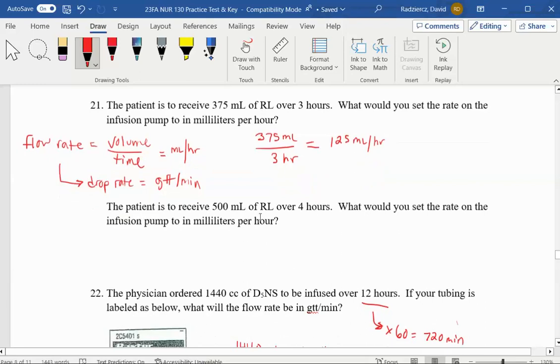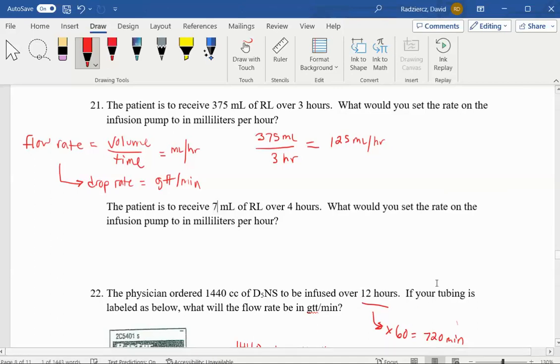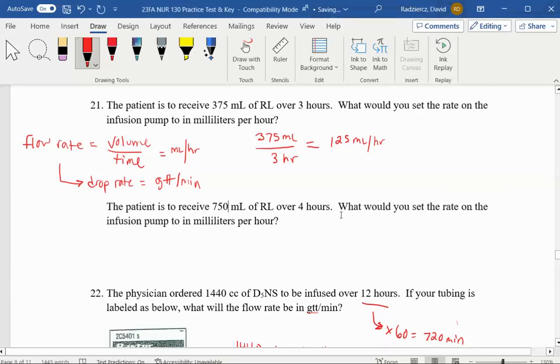So as a practice, and I'm going to change this up a little bit, let's make this 750 milliliters, and let's make it even more challenging and do 3 hours. No, we already did 3 hours. Let's do 8 hours. So go ahead and do that calculation.